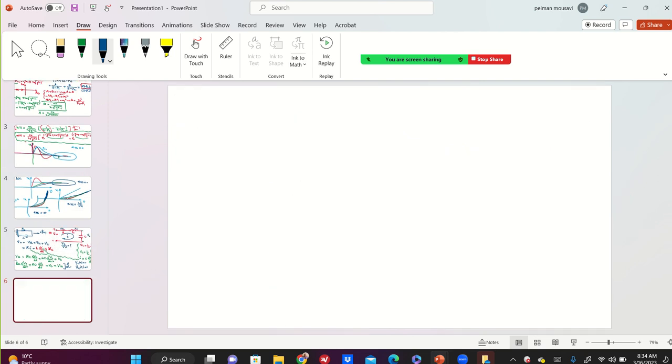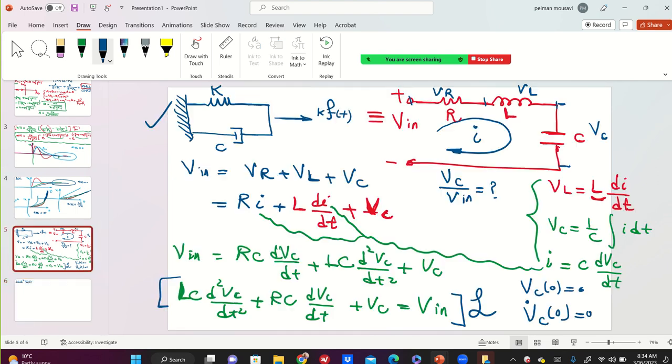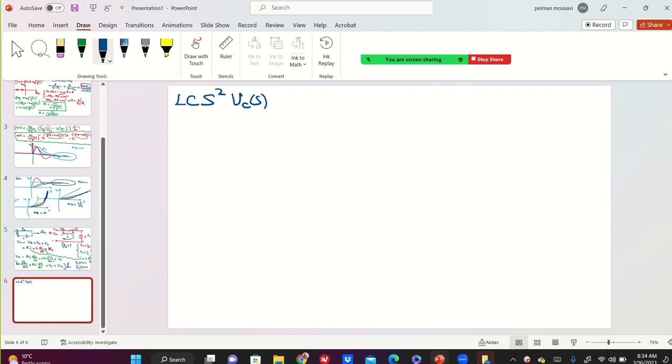That being said, you get LCS squared VCS. Remember, the second time derivative gives you S squared. Plus RCS VCS plus VCS equals Vn.